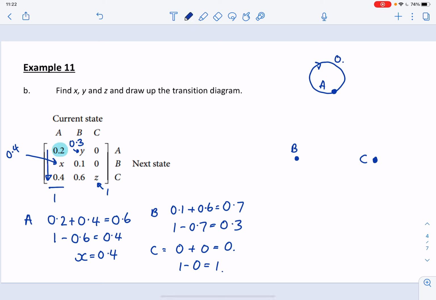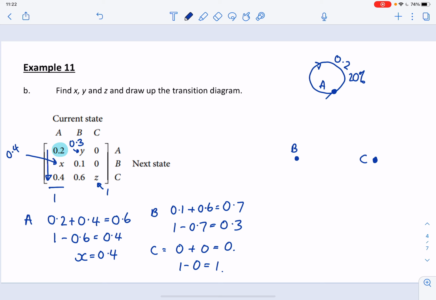So that would become 0.2, or 20%. When you are drawing up the transition diagram, it should be in percentages, whereas the matrix should be in decimal.